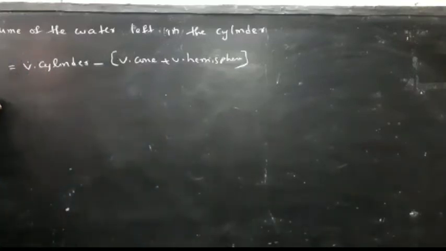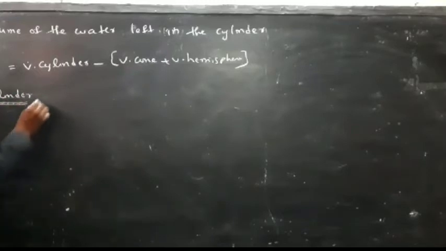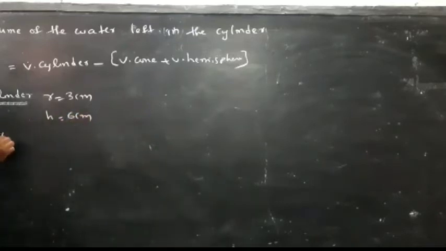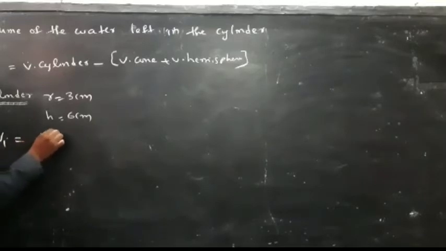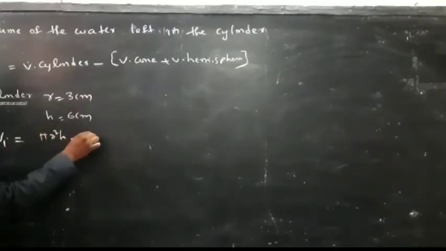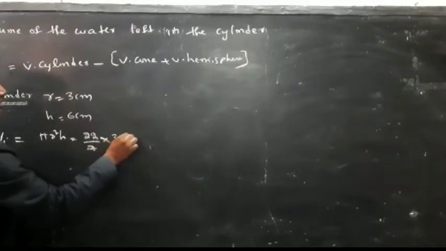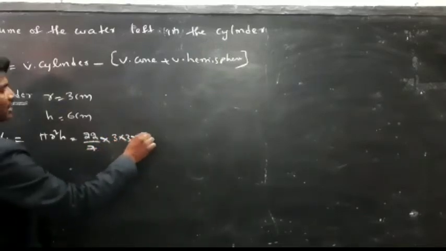First, I am taking the cylinder. What is the radius of the cylindrical portion? 3 centimeters, and height is equal to 6 centimeters. Then V1 means volume of the cylinder. What is the formula? Pi r square h. Pi means 22 by 7, into r square means 3 into 3, into what is the height here? 6.